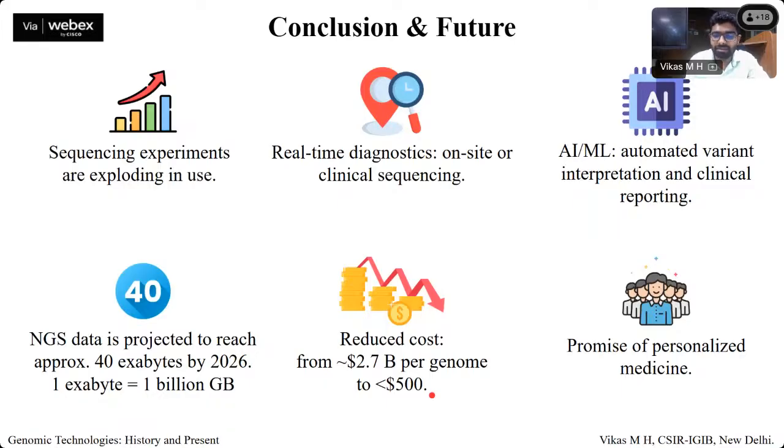And the sequencing technologies are picking up, and if the efficiency goes to the expected level, the cost can go drastically down. The rise of AI and ML methods is a very hopeful technology that can support NGS. We can use AI interpretations to optimize our pipelines for clinical reporting.